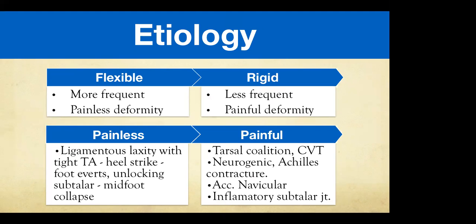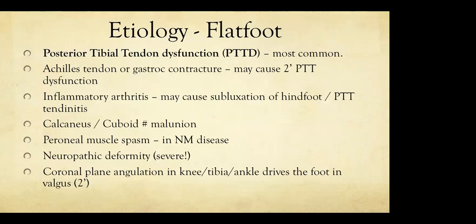In painful flat feet, there is a tarsal coalition or vertical talus or any neurologic or Achilles contracture, or an accessory navicular causing this, or any inflammatory subtalar joint. So flexible or rigid, painless or painful. These are all history-wise points that you should get into.